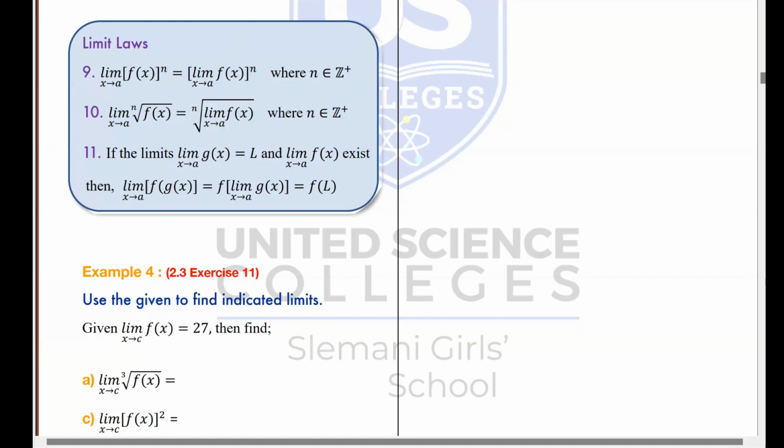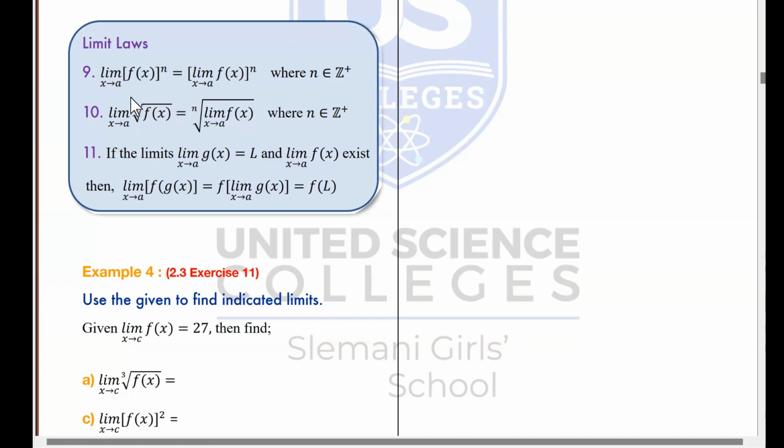As we did in the second set, instead of using this n as a power inside, we can pull this power out and use it as a power of the limit. Instead of writing f of x to the power of n, we can write the limit as x approaches a of f of x, to the power of n. So we can pull this power outside of the limit.